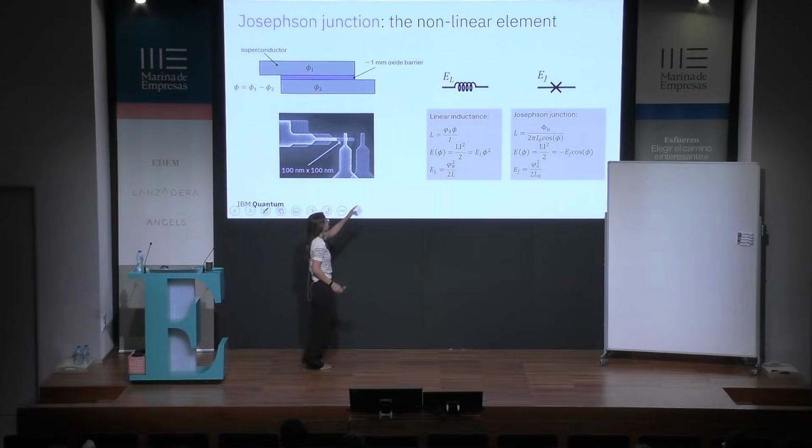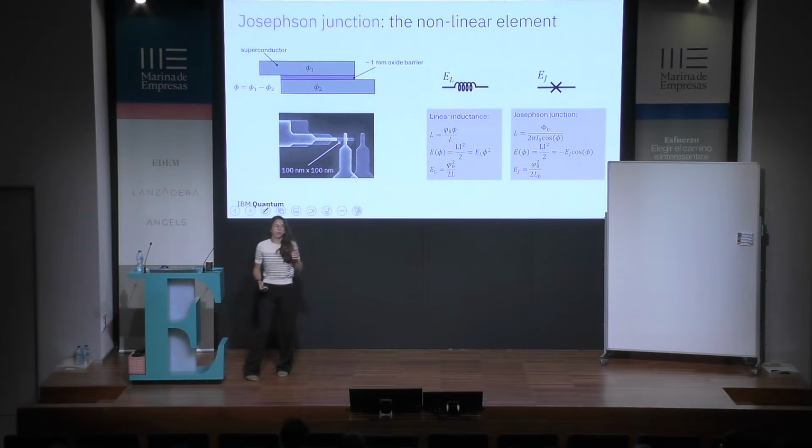So there is some relation between the inductance and the current, but instead of it being linear in phase, such as for a linear inductor, it's now taking the shape of a cosine. If you write down this effective potential energy term in the Hamiltonian, instead of it being quadratic like before, it takes the shape of a cosine.